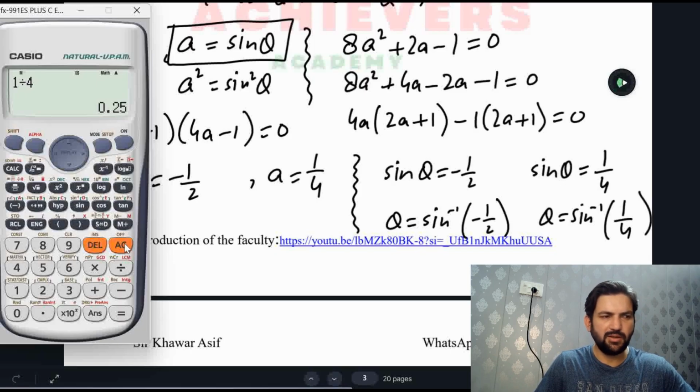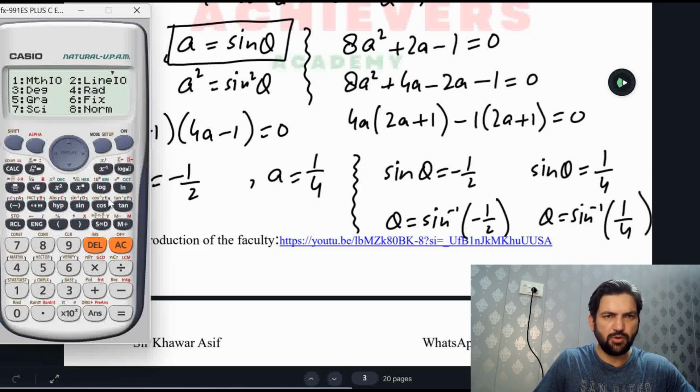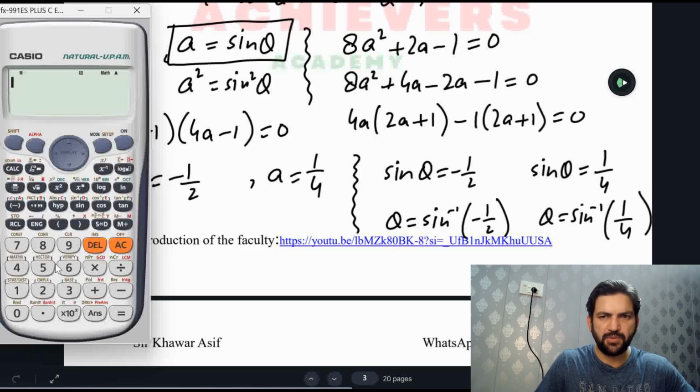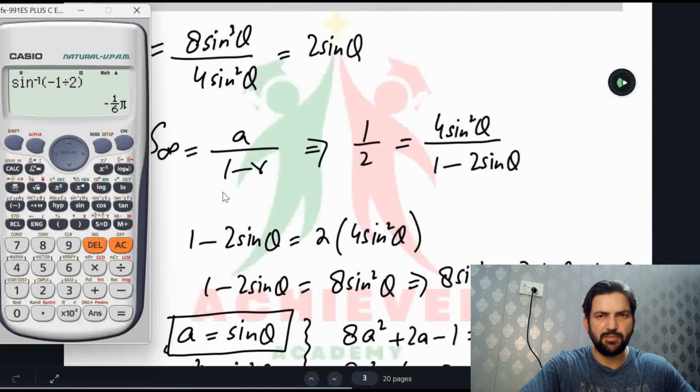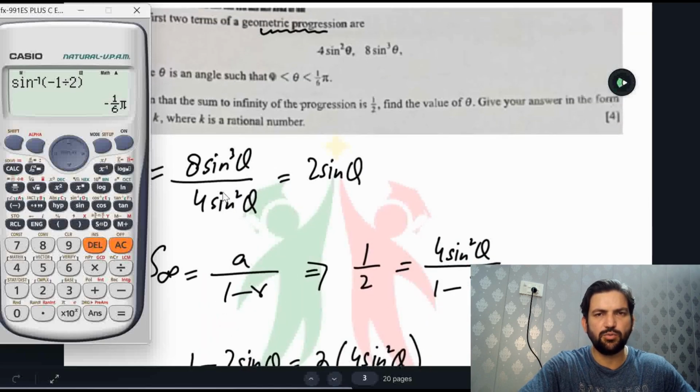Let me use the radian mode. Now shift, sine inverse of minus 1 divided by 2. The answer will be minus pi by 6. Here the range is 0 to pi by 6.